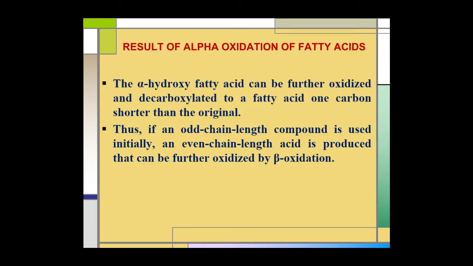The result of alpha oxidation of fatty acid: the alpha hydroxy fatty acid can be further oxidized and decarboxylated to a fatty acid which is one carbon shorter than the original fatty acid. Thus, if an odd chain length compound is used initially, an even chain length fatty acid is produced. And this even chain length fatty acid can further be oxidized by beta oxidation.